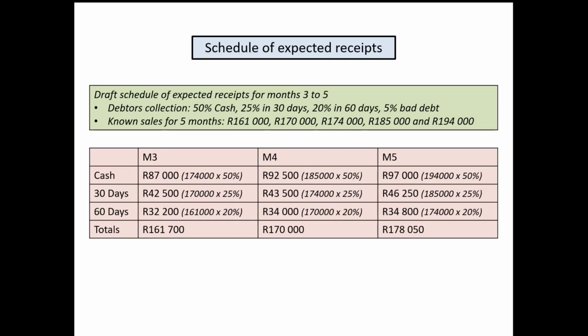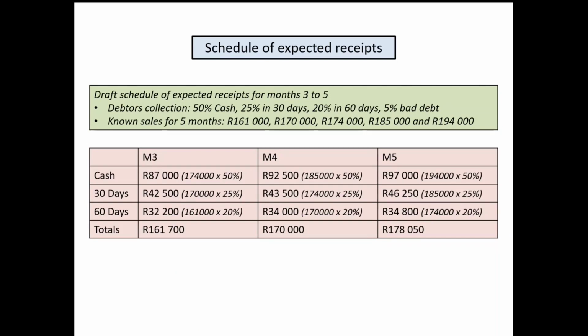What about month 4? Well, in month 4, we make sales of 185,000. 50% of that is cash. So we take the 185,000, we multiply it with 50%, and we get 92,500. We go back to the sales of the previous month, month 3, where we sold 174,000. We take the 174,000, we multiply it with 25%, or you could have just divided by 4, and you get 43,500.